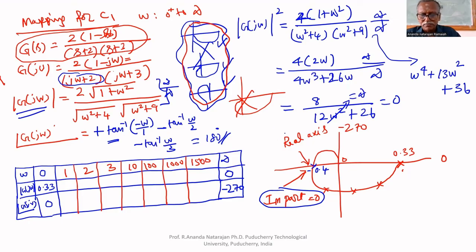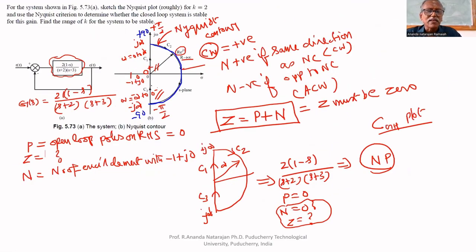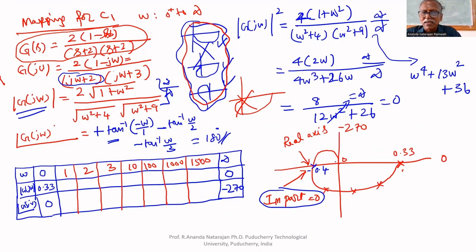Now we have to map the final segment, that is C3. If you do the mapping for C3, earlier omega varied from 0 plus to infinity. Now it varies from minus infinity to 0 minus. Therefore, it is nothing but the mirror image of this. That's why no need to do the mapping.